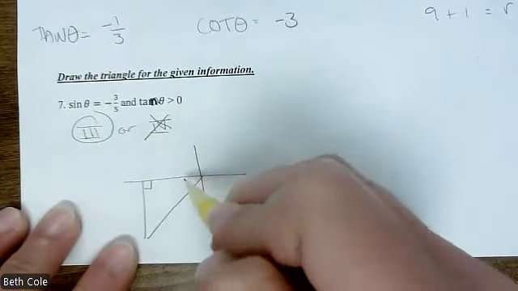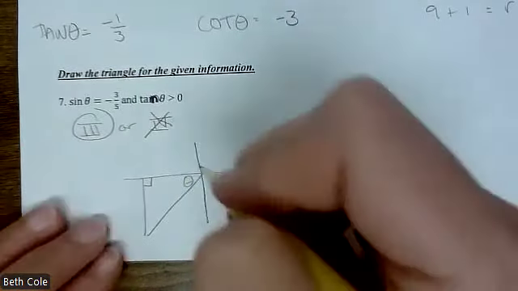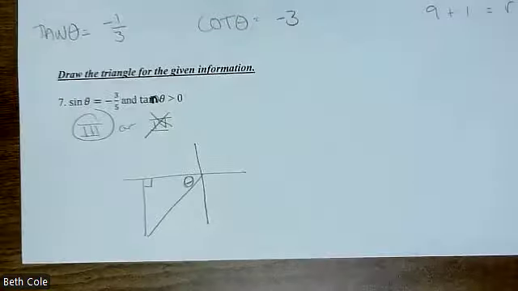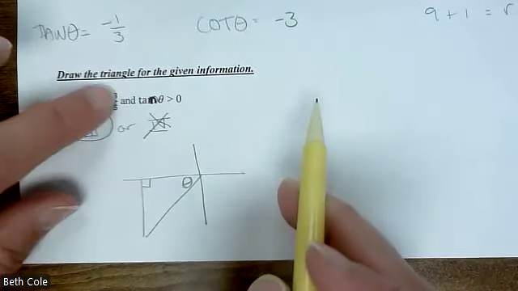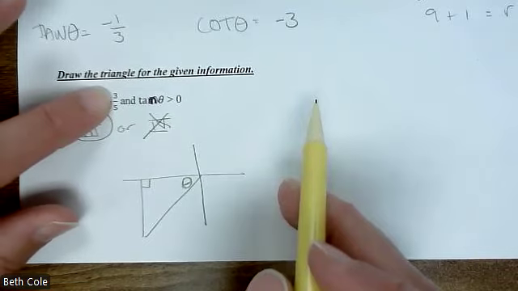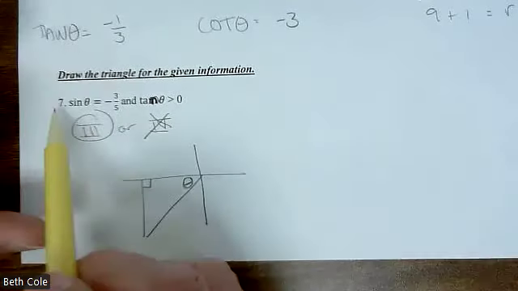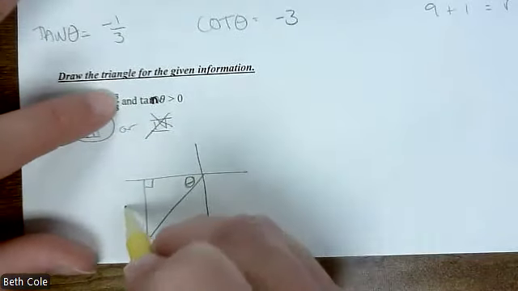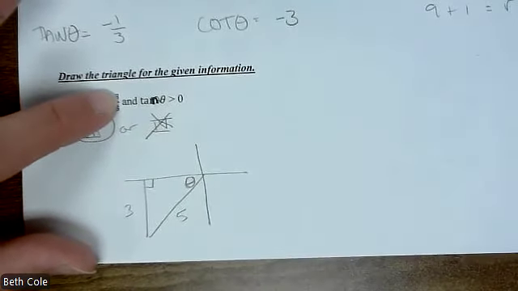Again, the right angle touches the x-axis. This is your theta right here. No, it has to touch the x-axis. Otherwise, it's sideways. Now, don't worry about this negative. We'll deal with that in a second because I don't know if it goes with the 3 or the 5. Sine is opposite over hypotenuse.